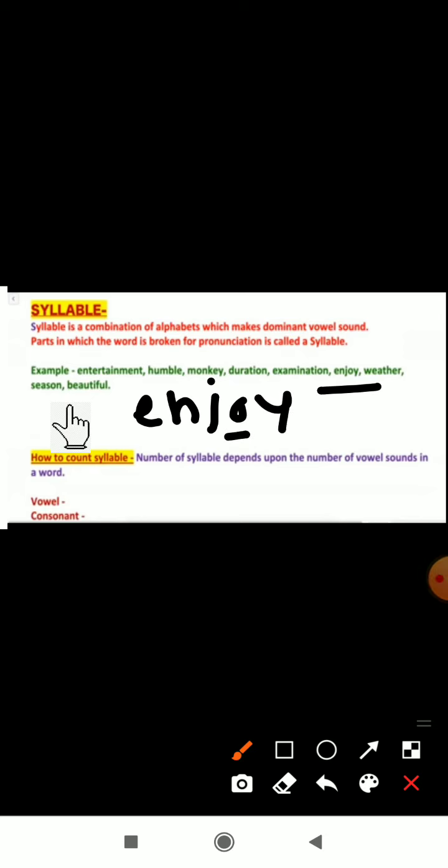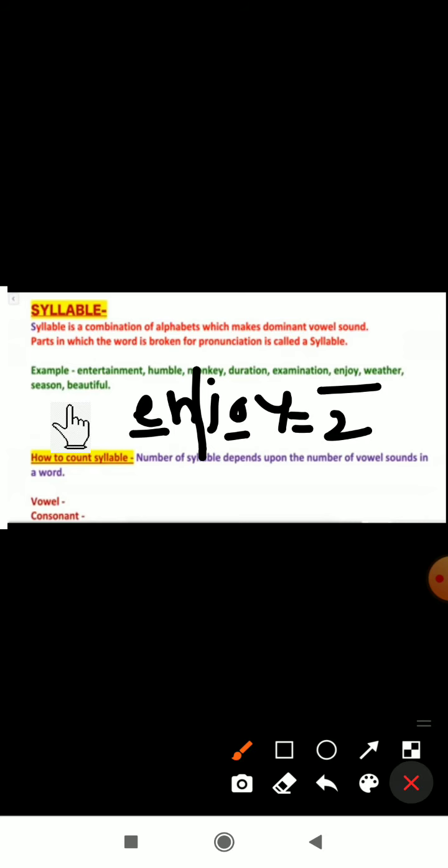Here O and E. And we are categorizing like that. Enjoy. So how many syllables are there? Yes, 2. Got it? Like that we are going to learn. Remaining words are there. After completion of the video, you have to try to divide or count them.